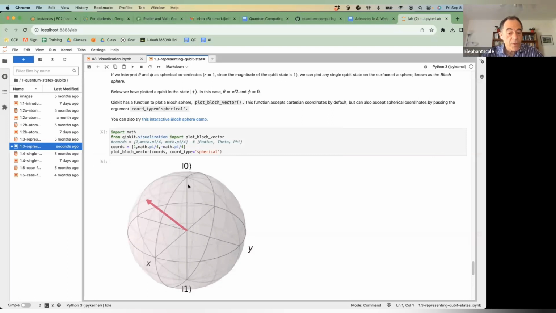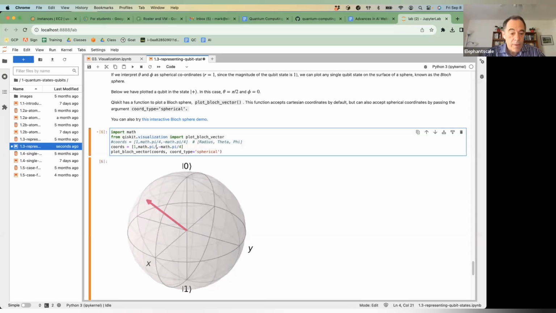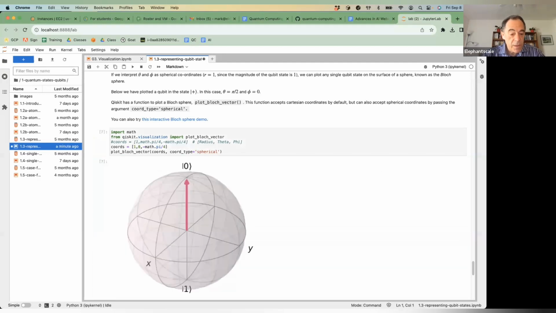Now, what I want to do, of course, is a simple case. First of all, let's put that at 0. That means don't rotate from your 0 state. Let's see if it runs. Yeah, it runs. It says don't rotate from the 0 state.